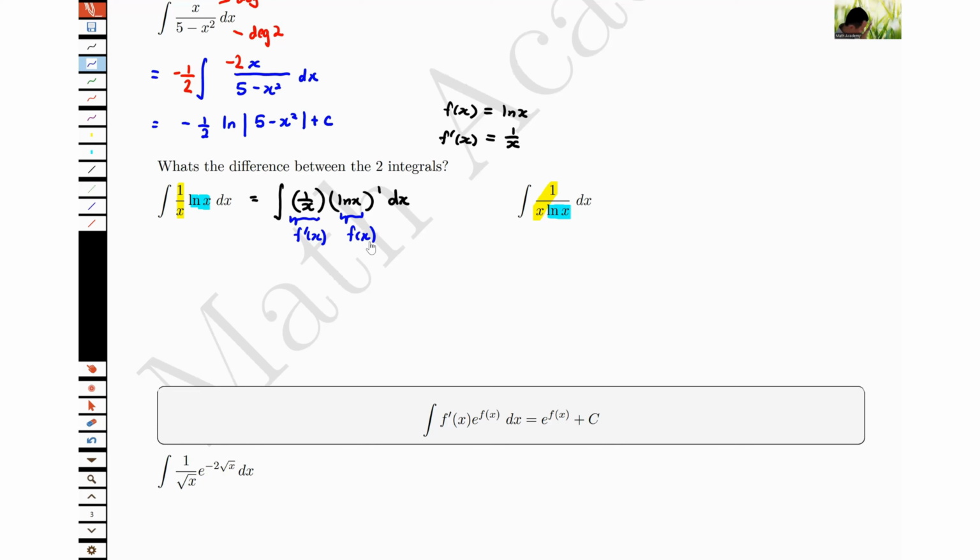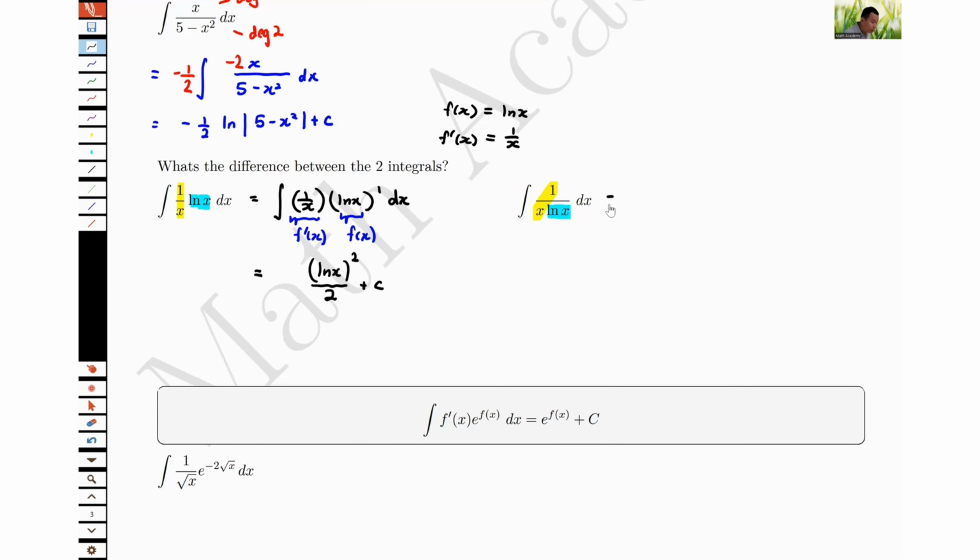We have it of the form f prime x, f(x) to the power of n. So to integrate this means you go for your power plus 1, so you get ln x squared, divided by that new power, plus c. 1 over x, again, the f prime will not appear in the final answer.